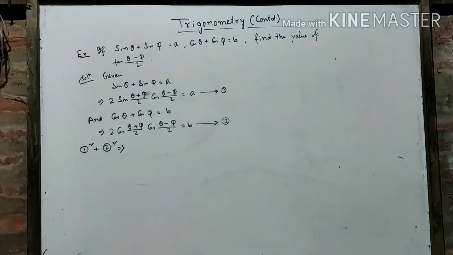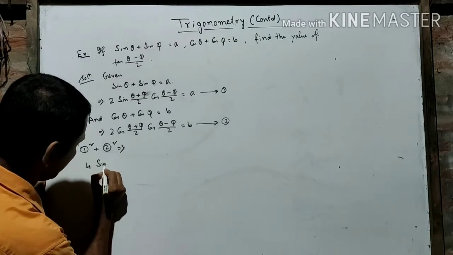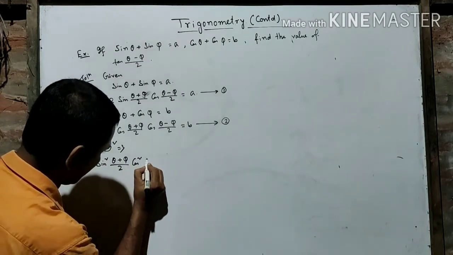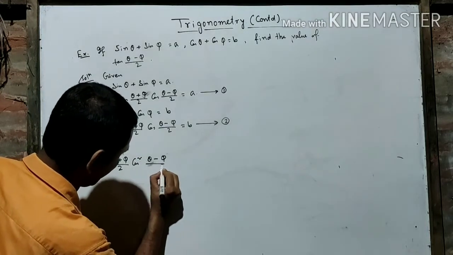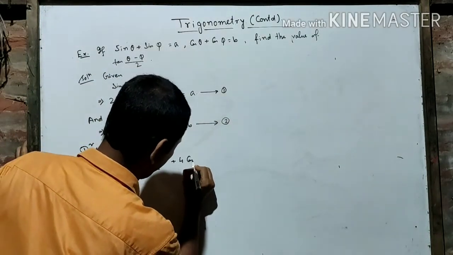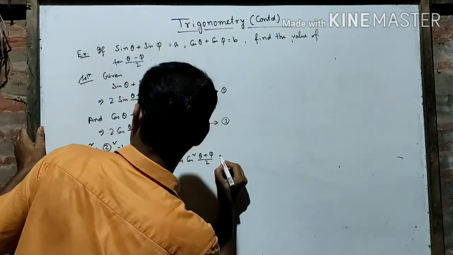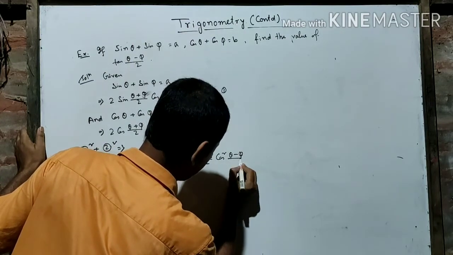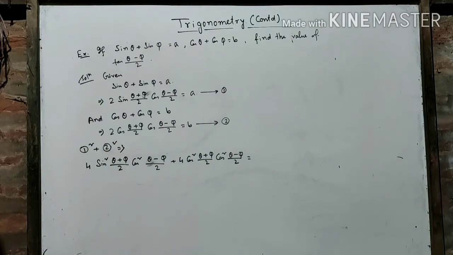Let's see. So we have to square and add 1 and 2, 1 square plus 2 square. So 1 square is 4 sin square (theta plus phi) by 2 into cos square (theta minus phi) by 2, plus 4 cos square (theta plus phi) by 2 into cos square (theta minus phi) by 2, is equal to a square plus b square.